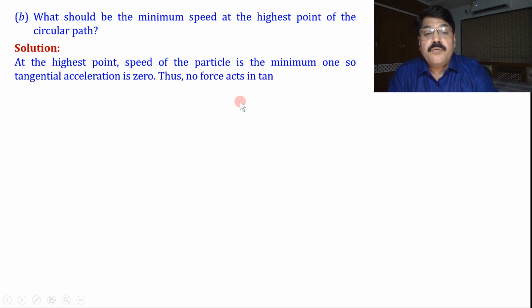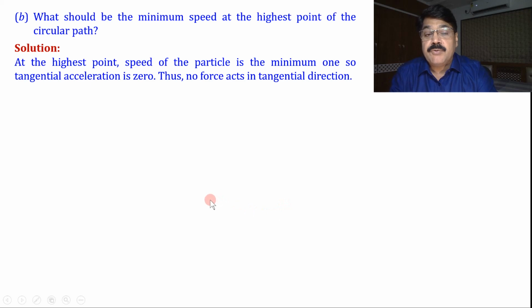Thus, no force acts in the tangential direction. If any variable is minimum, its derivative is 0. So at the highest point, derivative of speed will be 0, so there is no tangential acceleration. So tension T and mg both will act downward.